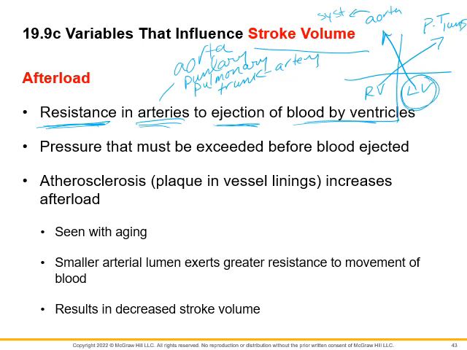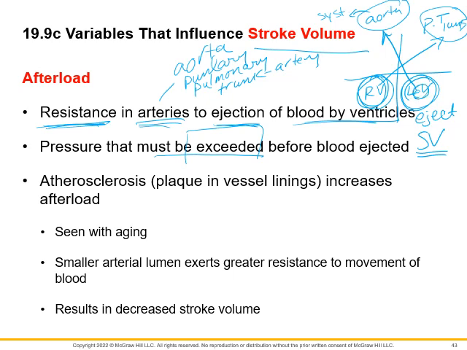So what they're saying is the blood being ejected, your stroke volume, must exceed the pressure in the aorta and the pulmonary trunk. For this blood to move into those vessels, it has to displace the blood that's already there. We're moving the blood from the ventricles into the aorta and pulmonary trunk, and the blood that was there, we're pushing further down.